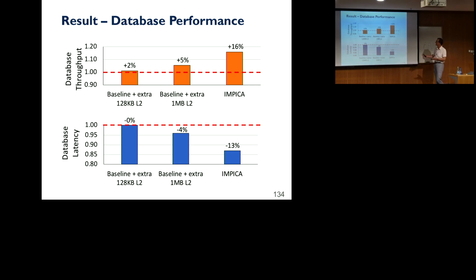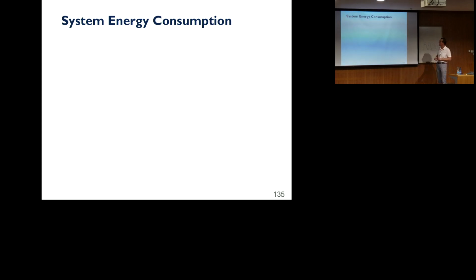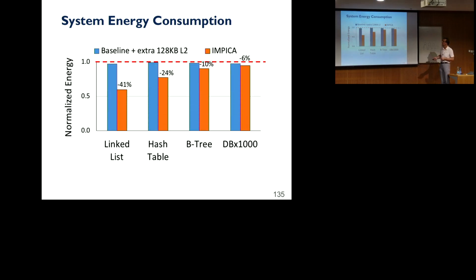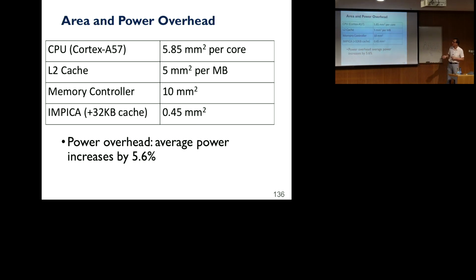So the results are not that bad, and the cost is not that bad, I think, in terms of what you add. And this is system energy. Again, the microbenchmarks and DBX1000. So of course, linked list gains the most, and database gains little, 6%. And this is entire system energy consumption. It's not just memory. And we calculated the area and power overheads also. You can read the paper.